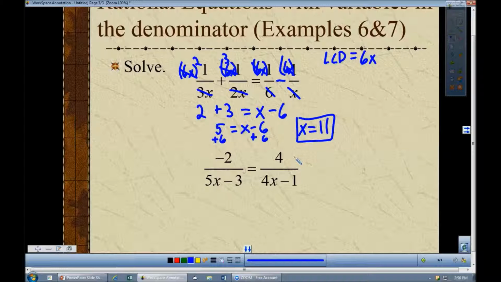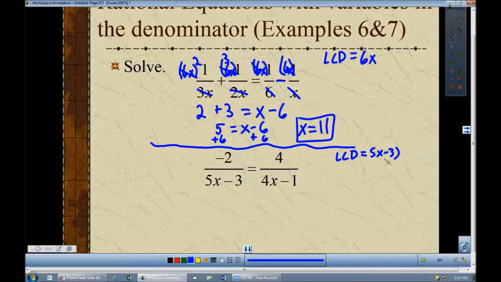Another example with fractions. Let's clear these denominators. 5x minus 3 and 4x minus 1, the LCD would equal 5x minus 3 times 4x minus 1. When I multiply this left side times that lowest common denominator, the 5x minus 3's will cancel out.